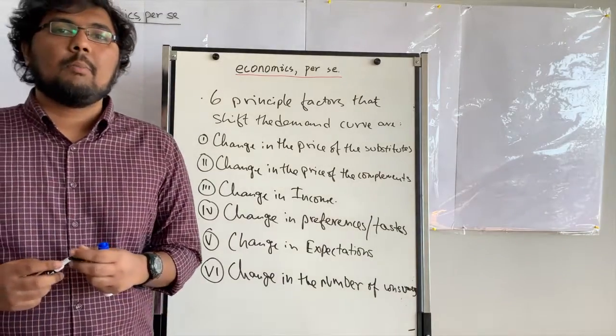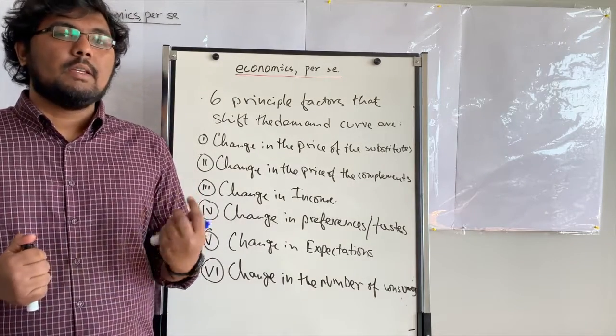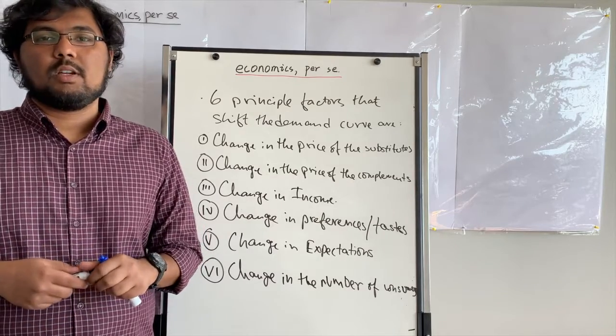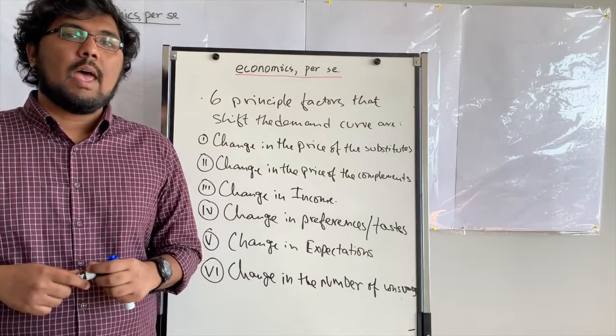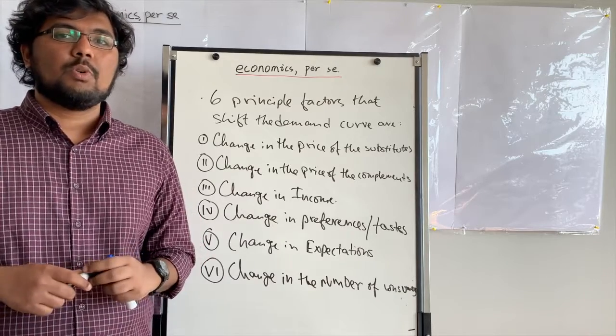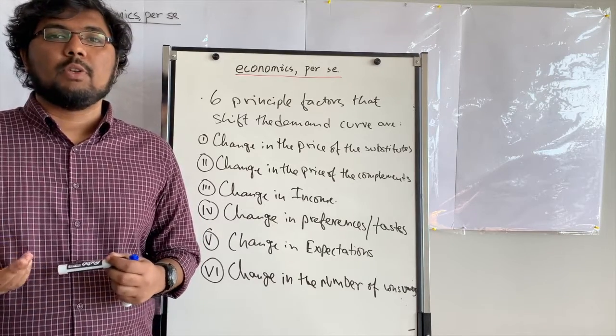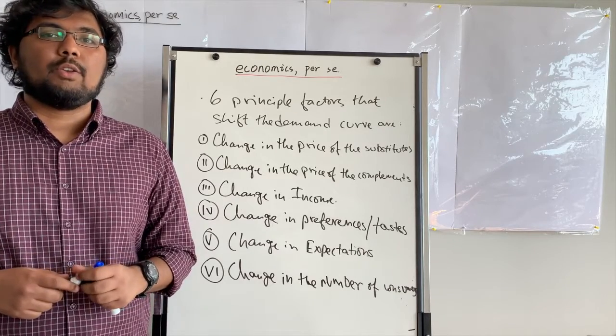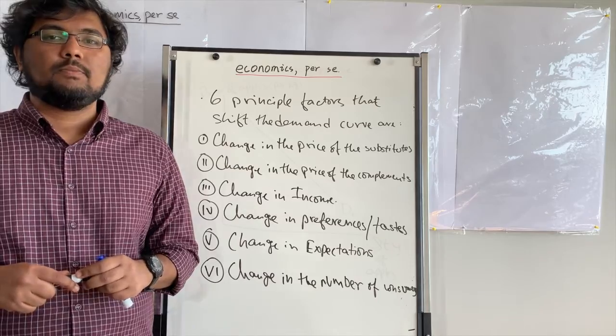If the number of consumers decreases, the demand for a certain good would decrease as well. And if the number of consumers for a given good increases, the demand for that good will increase as well.